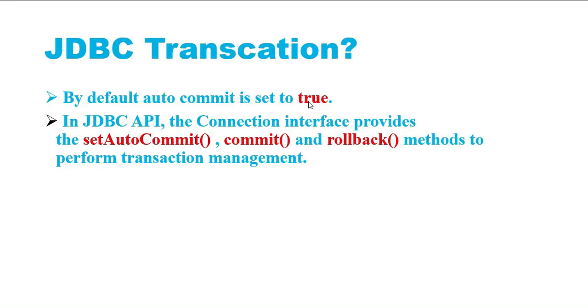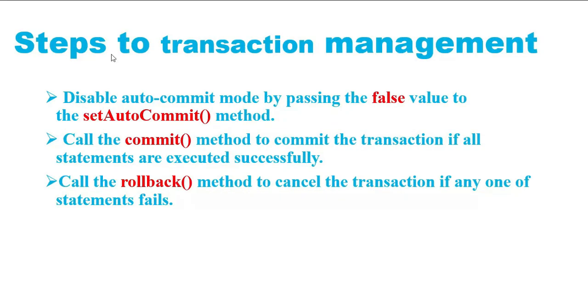All right, so by default autocommit is set to true. So we need to explicitly make it false by calling the setAutoCommit method. In the JDBC API, the Connection interface provides the setAutoCommit, commit, and rollback methods to perform transaction management.